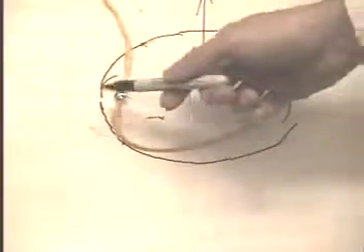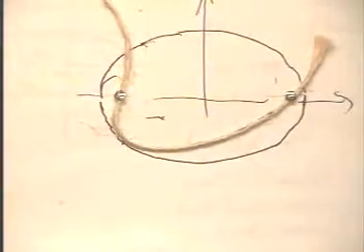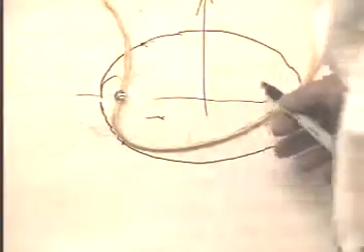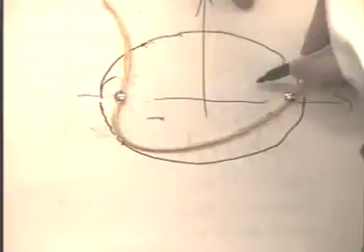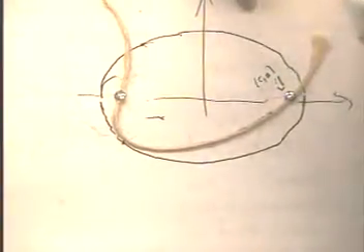Now, there's my ellipse. The 2 thumbtacks are the foci of the ellipse. This is one focus, this is the other. If I draw my x-axis here and my y-axis, then this distance is c, and this point will be (c, 0).